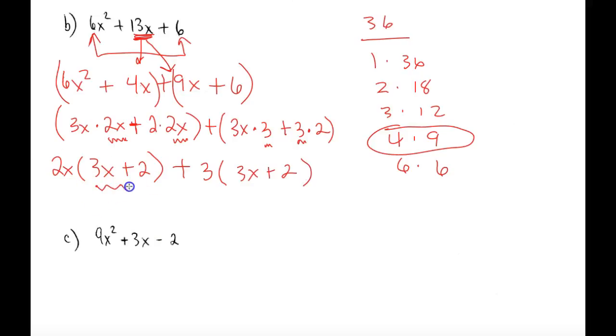So now from there, we see that each term has a factor of 3x plus 2 in common. So we factor that out, and we see what's left is 2x in the first term and plus 3 in the second term. So we see that our final answer here will just be 3x plus 2 times 2x plus 3.